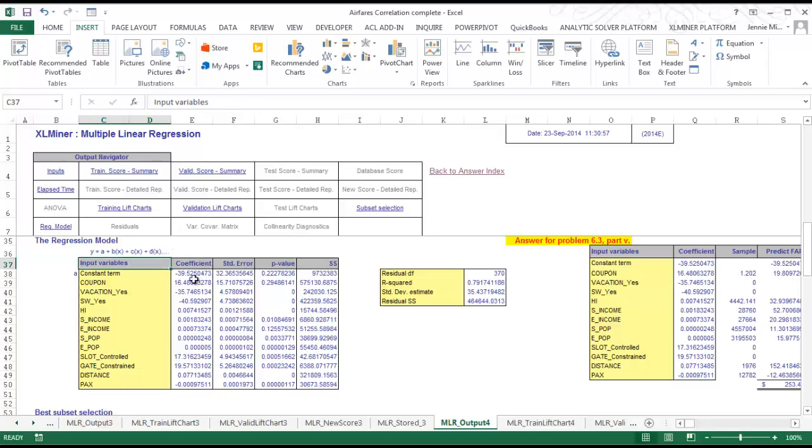So that's my formula, and so this is my A, this will be my B, C, and so on. So this is how I'm putting this formula together. This is the coefficients. So eventually, these are the things that I use to plug into this model, y equals a plus bx, cx, and so on.